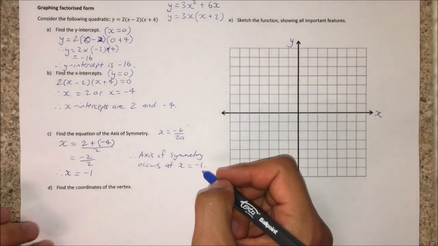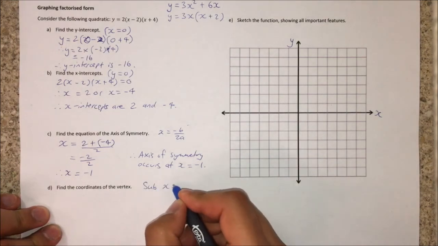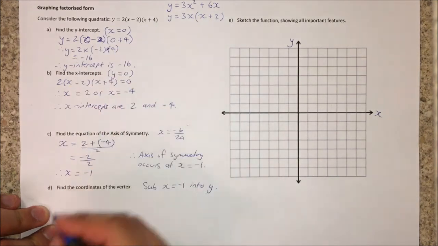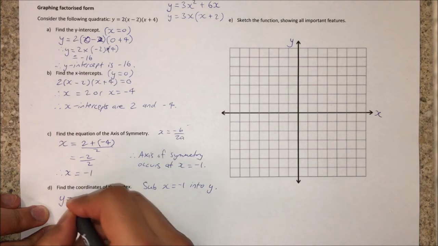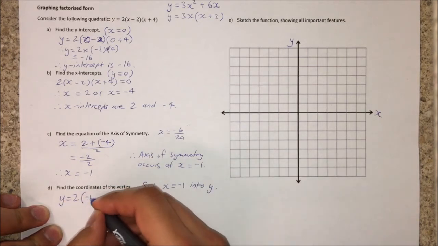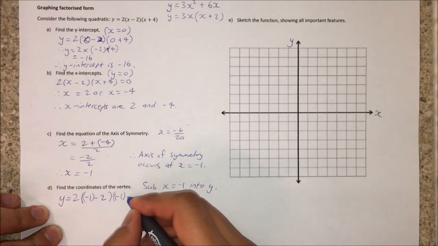Now the coordinates of the vertex, we can find this by substituting in x is equal to negative 1 into y above. So in y we're going to have 2 lots of x, which is negative 1 take 2, and negative 1 plus 4.